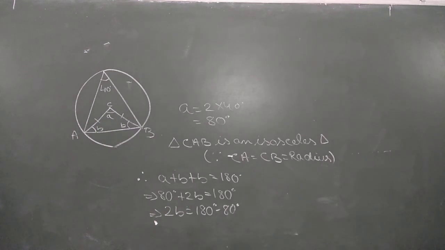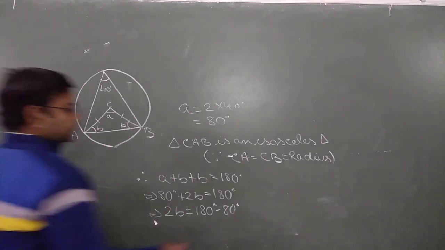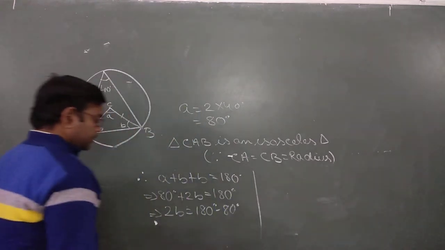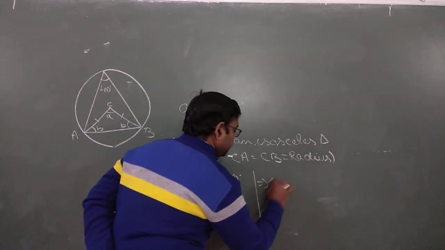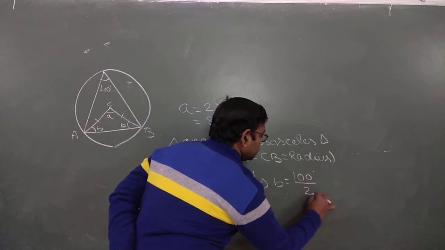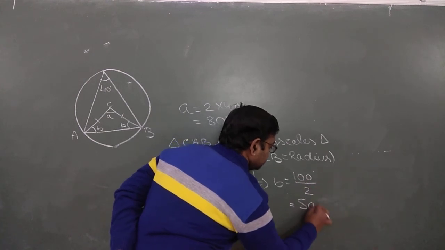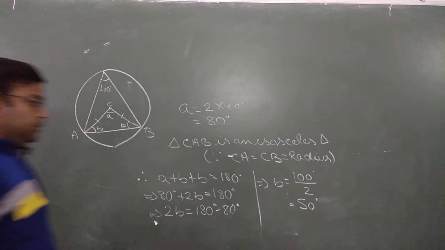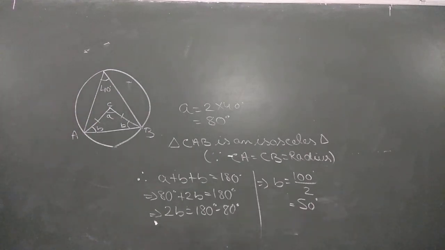So we can easily find the value of B. B equals 100 degrees divided by 2, which is 50 degrees. I think I am right. Clear? B equals 50 degrees.